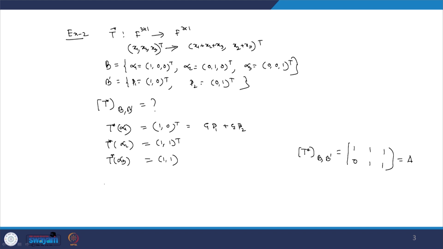But here the linear transformation T can be defined as T of (x1, x2, x3) transpose, which will be mapped to the matrix 1 1 1, 0 1 1 times (x1, x2, x3). With the help of this matrix representation of the linear transformation, one can also go to the corresponding linear transformation. One can define the linear transformation also.